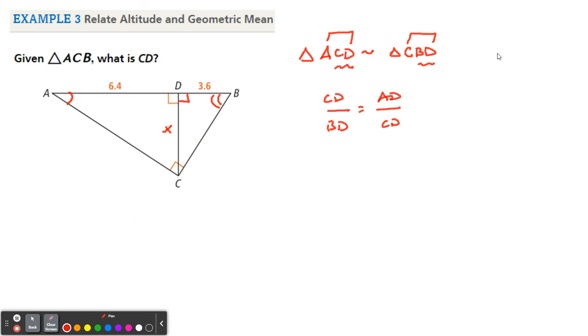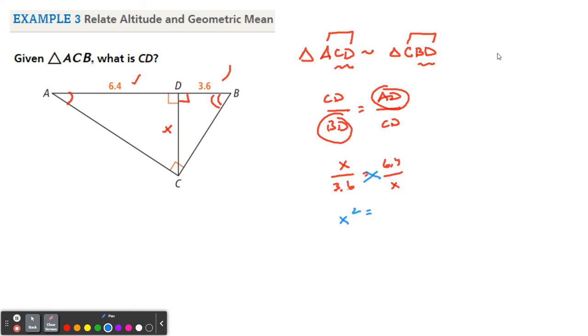Notice that the other two numbers used, BD and AD, you have them. So this is a beautiful thing. So we have X over 3.6 equals 6.4 over X. Now, when you have this proportion, you still cross multiply, but now we're doing X times X, and X times X is X squared. Uh-oh.